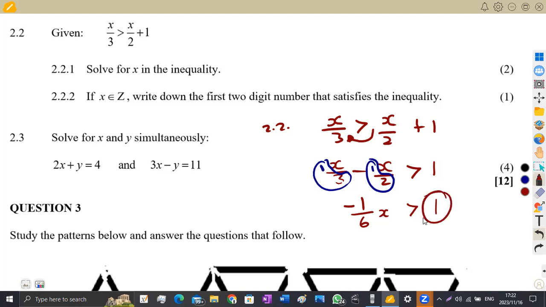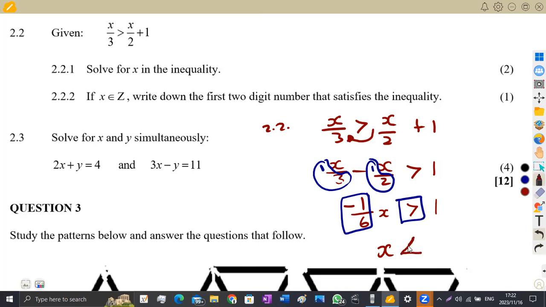So remember, we want to get a value of x, and there's a 1 here, and here there's minus 1 over 6. So how can I remove this negative 1 over 6? I simply have to divide on this side. But remember, you are dividing by a negative on this side. So what happens if you divide by a negative here? The inequality sign reverses, it changes the way it is facing. It is going to face this side like this.